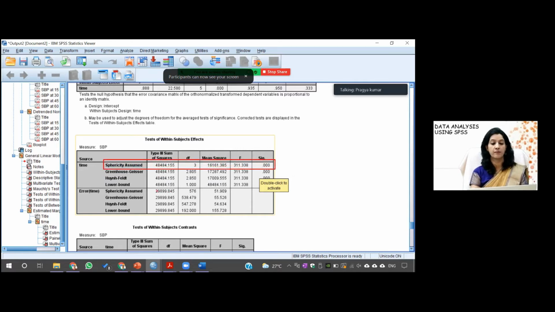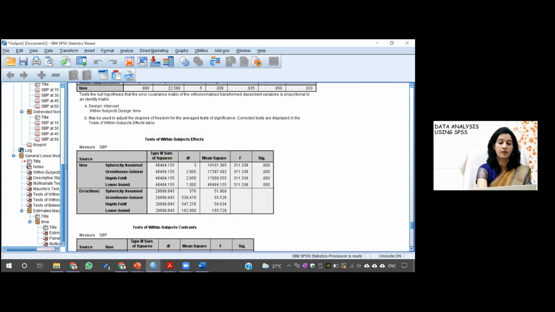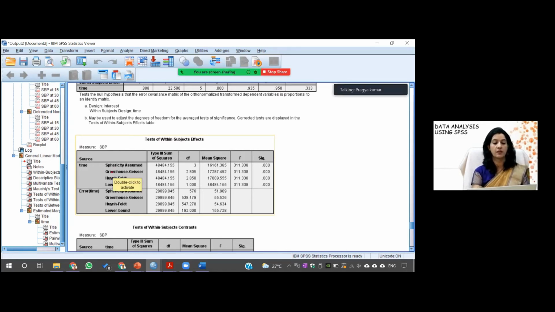Had the p-value in Mauchly's test of sphericity been more than 0.05, I would have taken these 2 values to report my result. But in this case, since this assumption is not met, what will I do? I will go with the Greenhouse-Geisser. So remember that we take Greenhouse-Geisser for this.